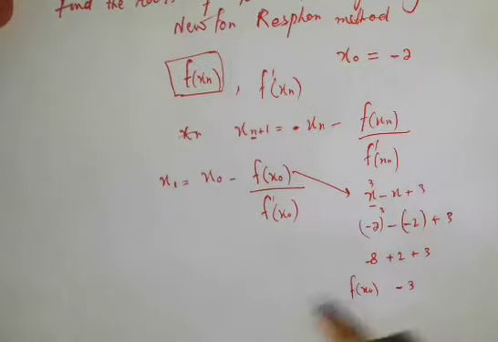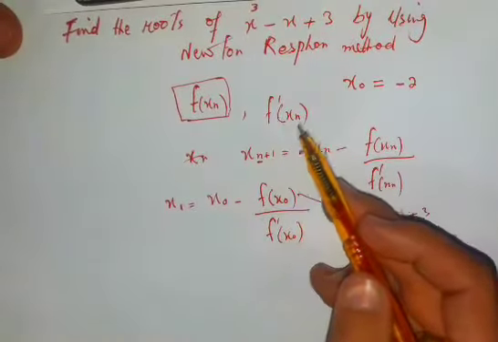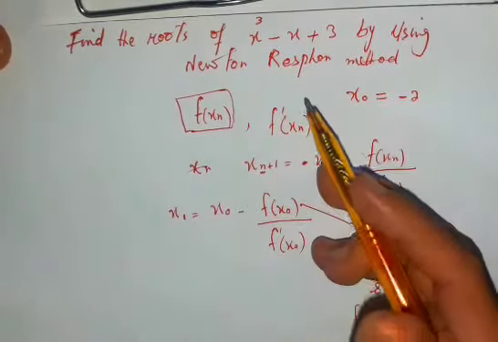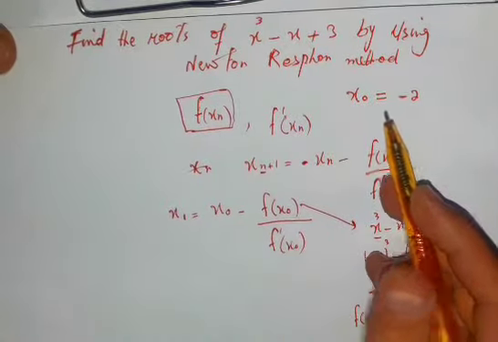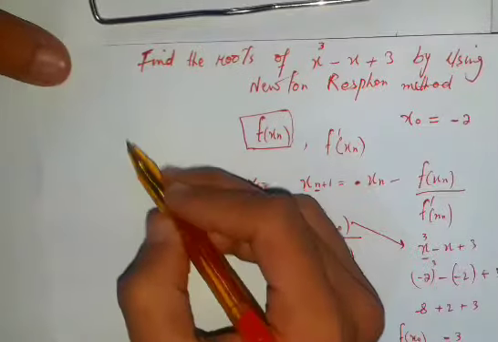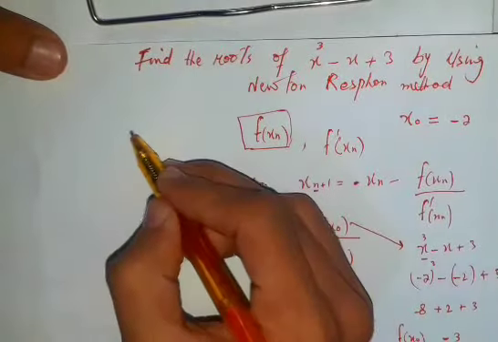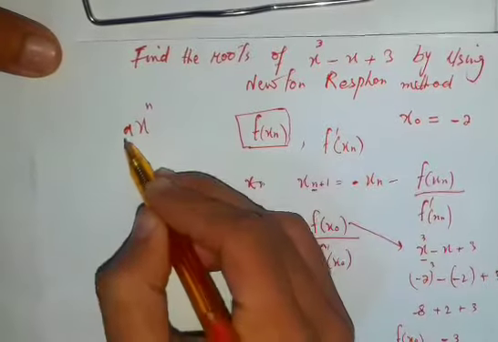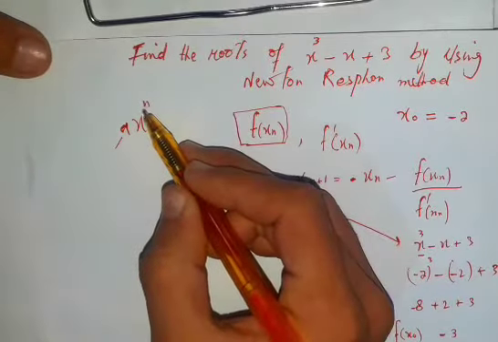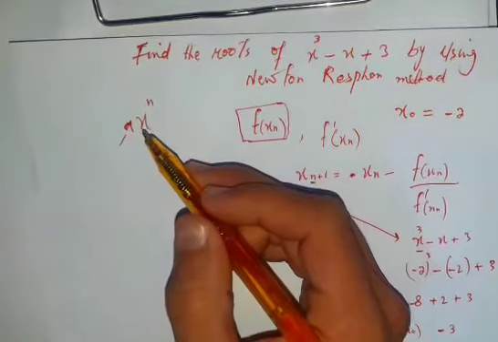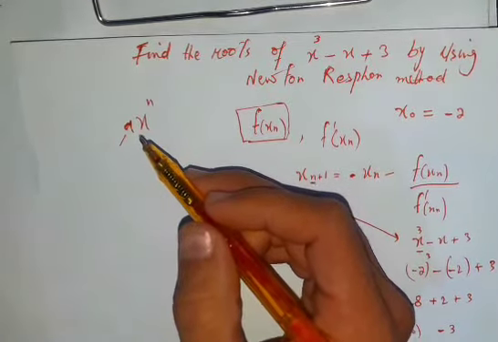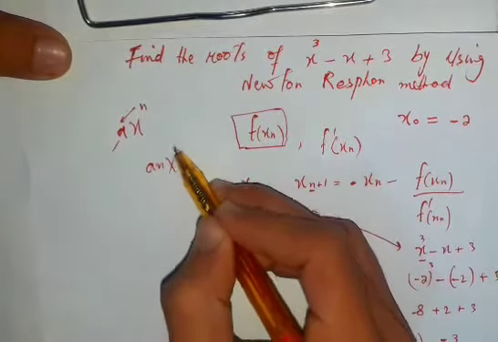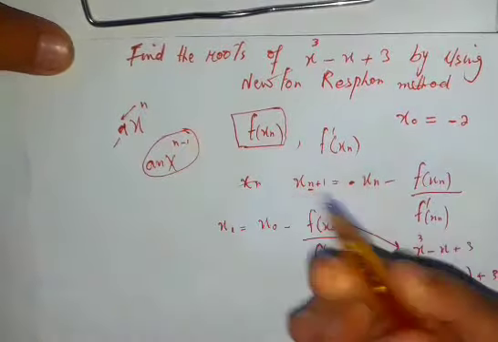And now I have to find the value of f derivative of x naught. First I can find the derivative of this function, and then put the value of x naught into it. To find the derivative, suppose you have a function a x to the power n. We multiply the coefficient and the power, so this becomes a n x to the n minus 1. This is how you can find the derivative.